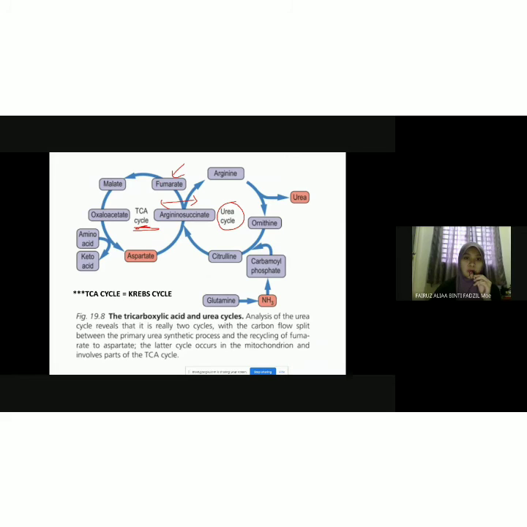The fumarate can be converted into malate, then oxaloacetate, and then aspartate, and the aspartate can be used back to form the arginosuccinate to join the urea cycle. So this diagram is all about the connection between the urea cycle and the Krebs cycle by this fumarate molecule.